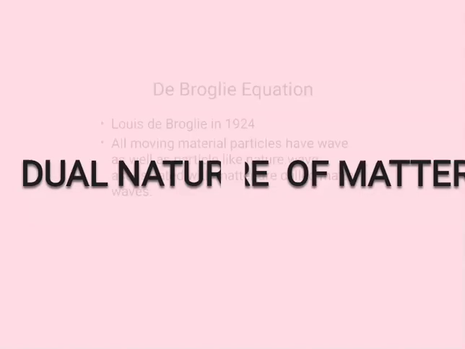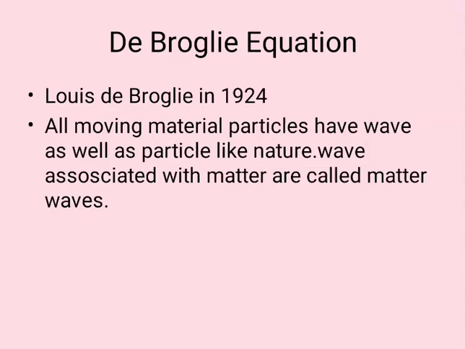But in 1924, Louis de Broglie observed and stated that all moving material particles have dual nature, that is, they possess wave as well as particle-like character, and the waves which are associated with matter are called matter waves. These matter waves are quite different from electromagnetic radiations or electromagnetic waves.